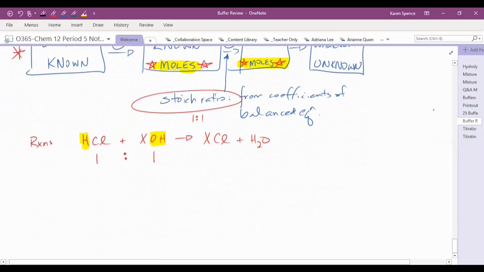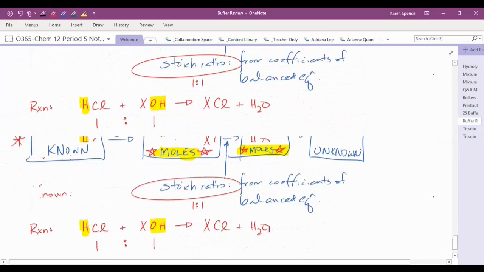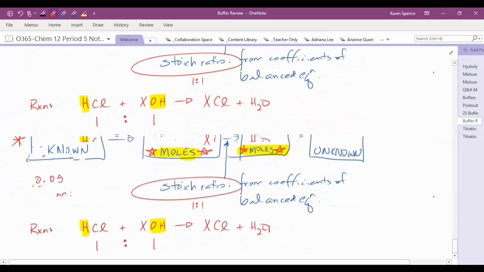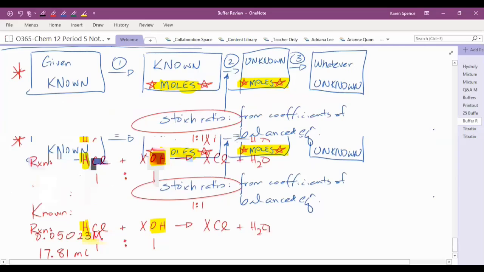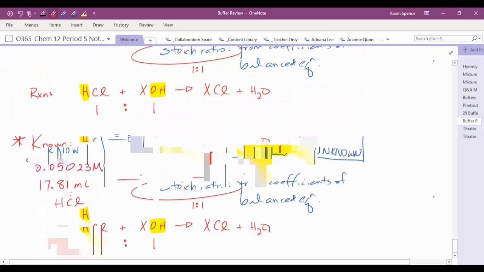Okay, so our known is 0.05023 molar and 17.81 milliliters of the HCl. From there, step 1 is going to convert it into moles of the known, so that's going to be moles of HCl.